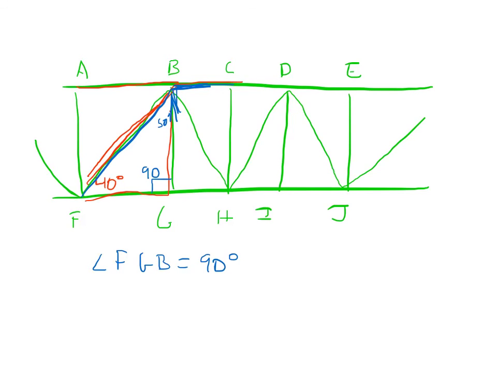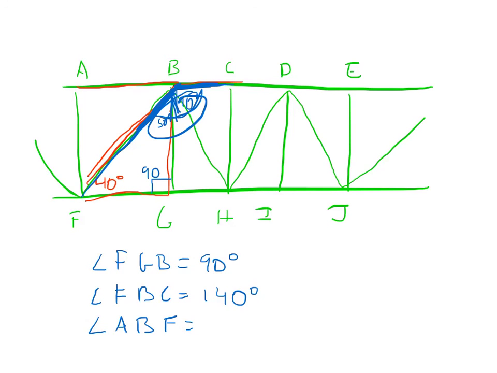So 90 plus 50 is 140. So angle FBC equals 140. This is 50, and this will be 90 over here. So when we make this angle right here, we combine these two. And that leaves us with one other angle, angle ABF.